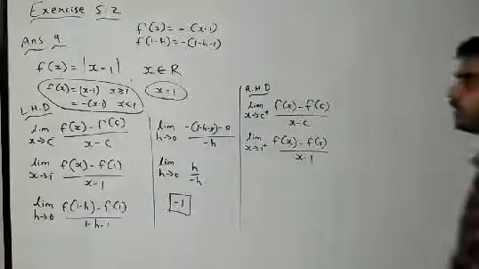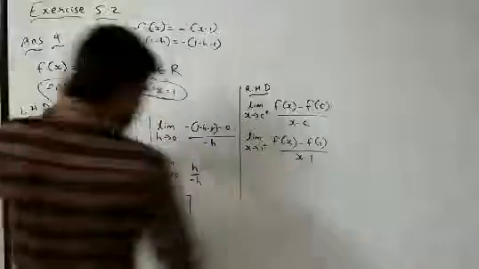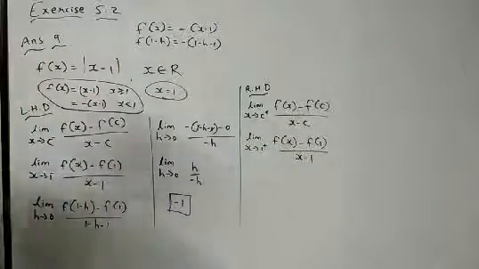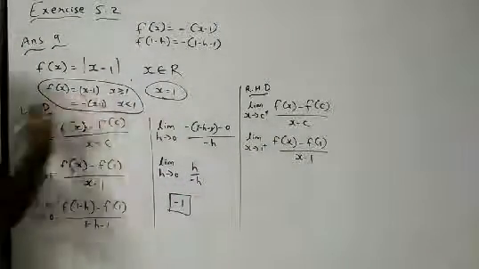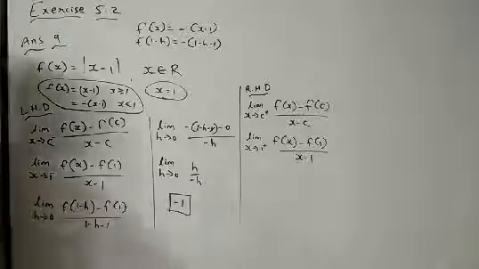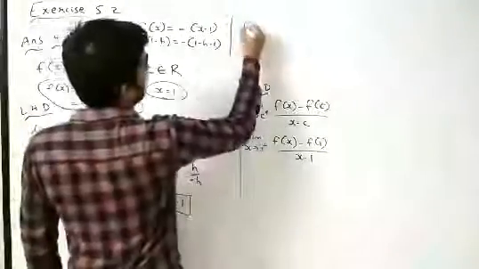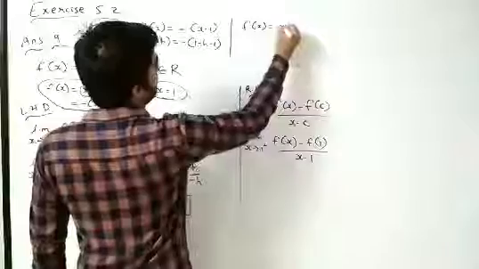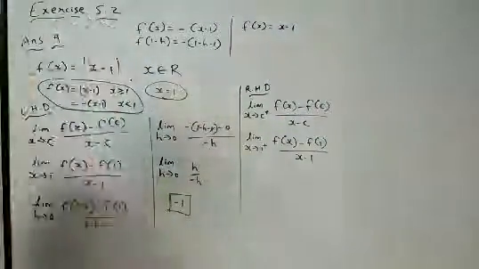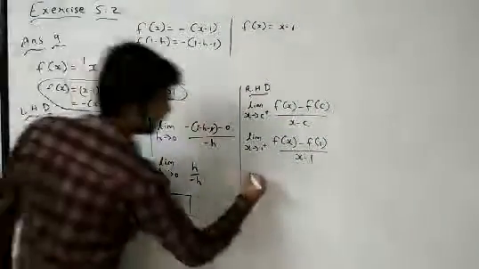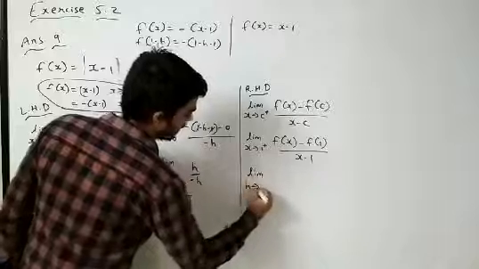Now we just need to find which function applies for x tends to 1 positive, greater than 1: f of x is equal to x minus 1. So greater than 1, f of x is equal to x minus 1. So limit h tends to 0.